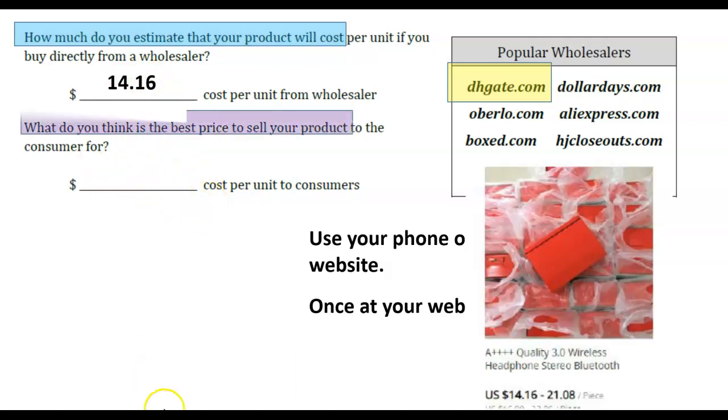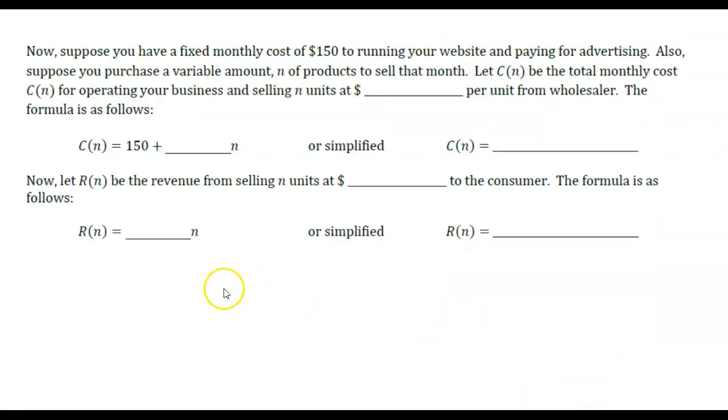The price that you choose should be a little bit higher to make a profit. I'm a little greedy. I decided to go a little bit higher, almost $10 more, to charge the consumer for these awesome wireless Bluetooth stereo headphones.